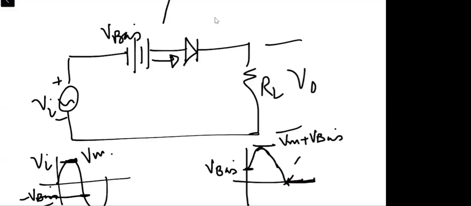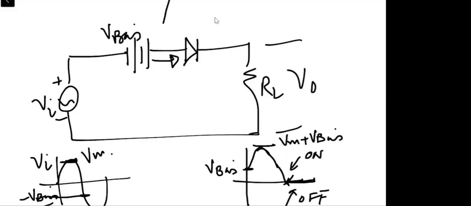So as long as we are in the on state, and over here we have the off state of the diode. There is a transition from the on state to the off state when the input goes beyond minus V bias, right? In this way, we can have different outputs.